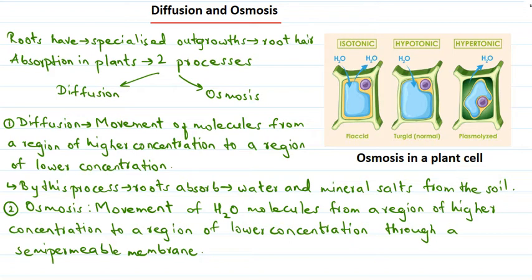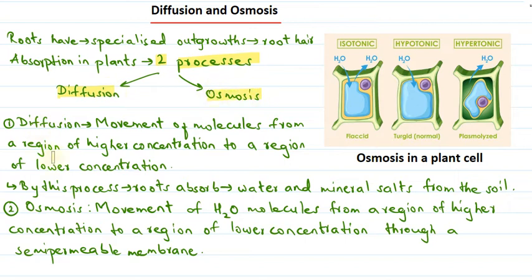As we know, plants absorb water and minerals through roots, and these roots have specialized outgrowths called root hair. This root hair increases the surface area of roots for better absorption of water and minerals. Now, absorption in plants takes place by two processes: one is diffusion and the other is osmosis.